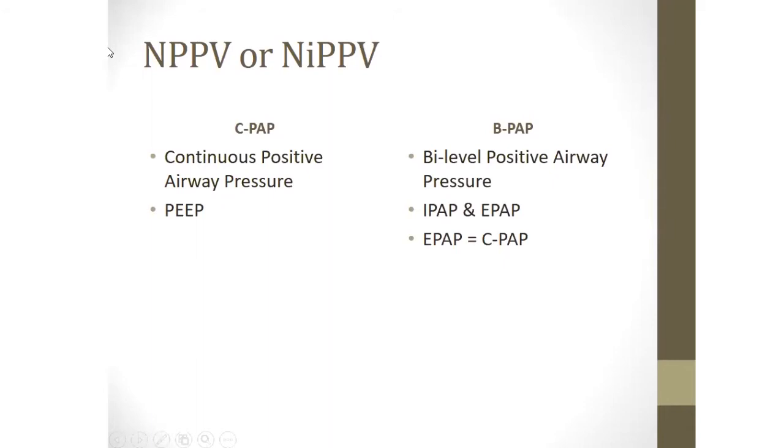In BiPAP, there is an inspiratory positive airway pressure and an expiratory positive airway pressure, and the difference between these two is the pressure support, which you usually give to improve ventilation, tidal volume, and minute ventilation. EPAP in BiPAP mode is equal to CPAP, which is PEEP.